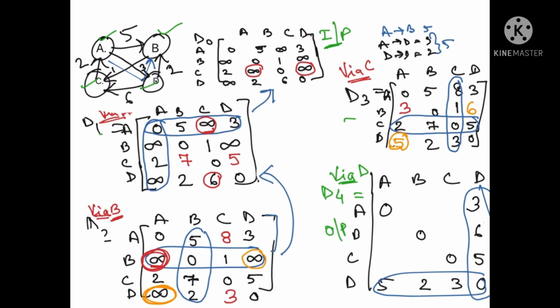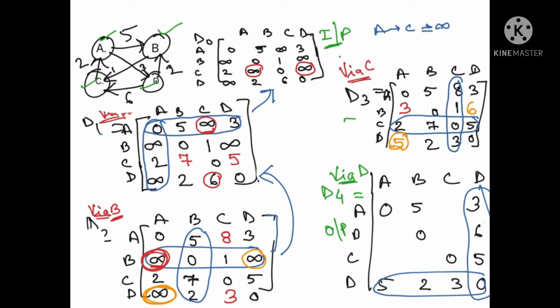So let me just quickly do all the things for you. So this remains 5. Now let us go from A to C. Now look at this one very carefully. If I go A to C directly, it is infinity.